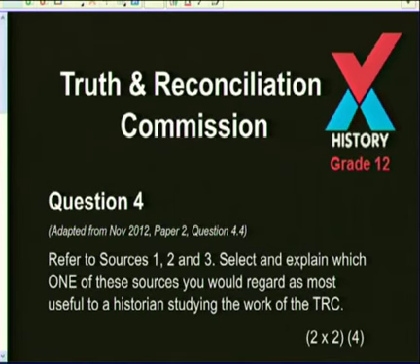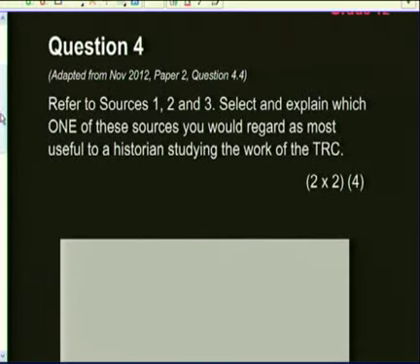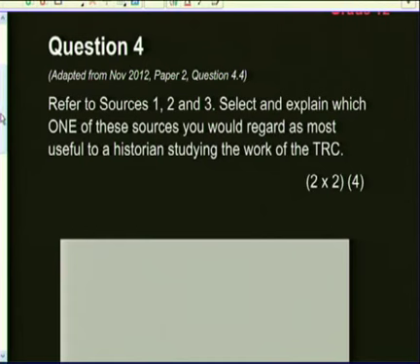Now let's look at the next question. Now you need to refer to sources 1, 2, and 3. Remember, we dealt with sources 1 and 2 before the break, and then after the break we looked at source 3. You need to select, okay, that means you choose, select and explain which one. Don't do all of them, just do one.